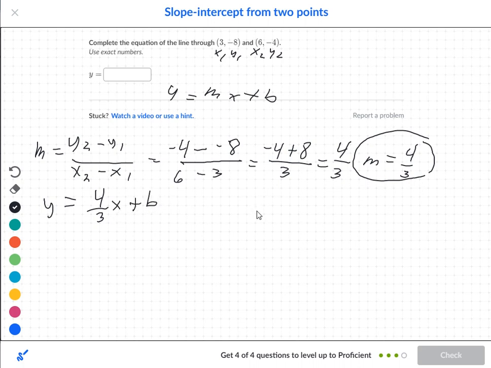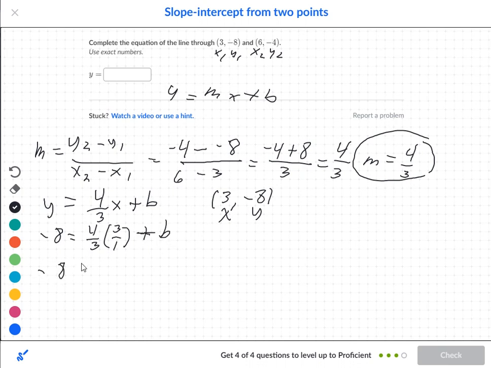Now again, looking at the points there, I have the 3 for the x, and see the 3 matches it. So I think I would go with the first point there, because that could help us to get rid of this fraction. So I'd call the 3 x and of course the y negative 8. So I'd say negative 8, 4/3, and then I'm going to say 3, and I'm going to write 3 over 1 plus b.